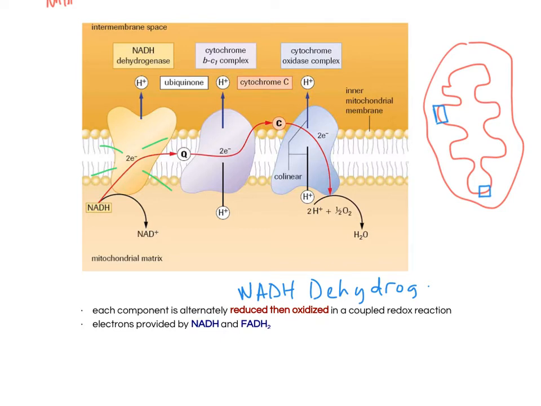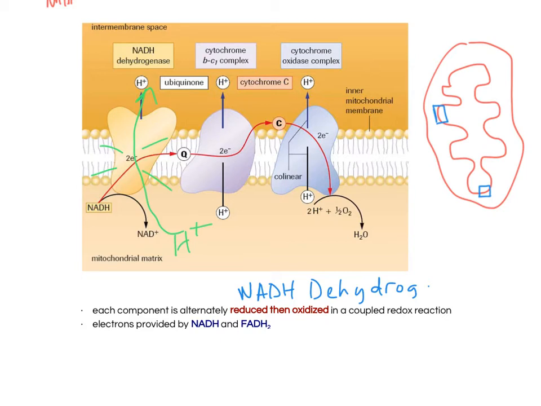So when NADH dehydrogenase accepts the electrons, it releases some energy, and we use that energy to take hydrogen ions or protons in the mitochondrial matrix and pump them out into the intermembrane space.